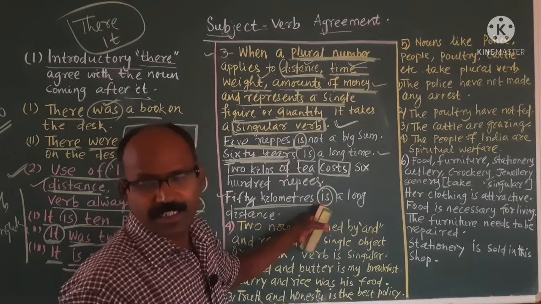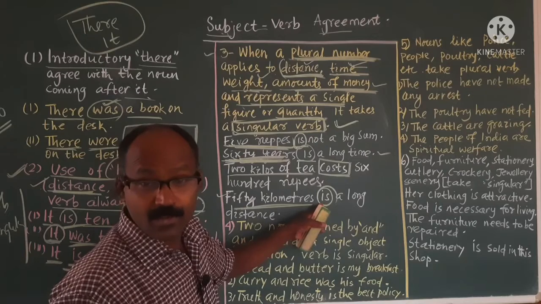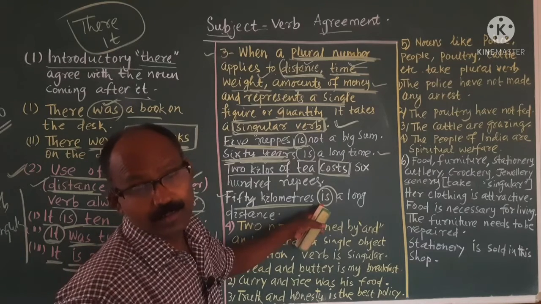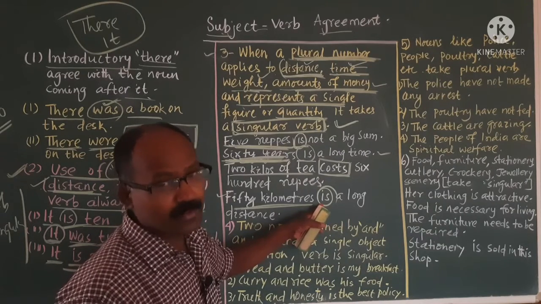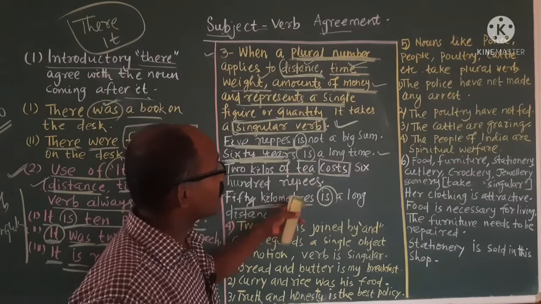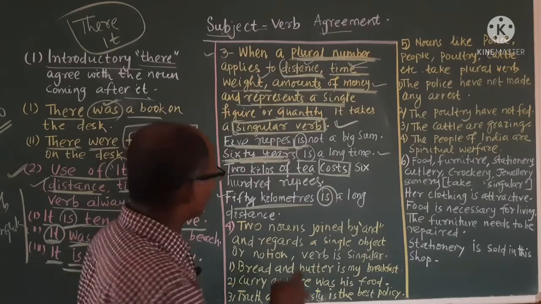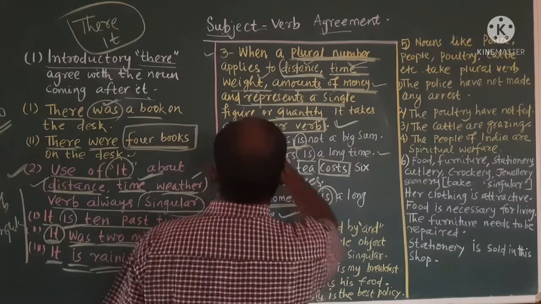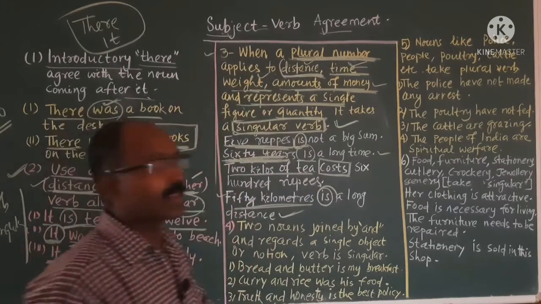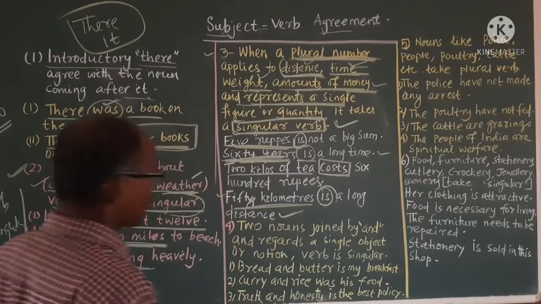Please remember, these types of questions are coming in different competitive exams and entrance exams. They will make you confused. Clear? This is known as subject-verb agreement. Okay? Then come to the next one.